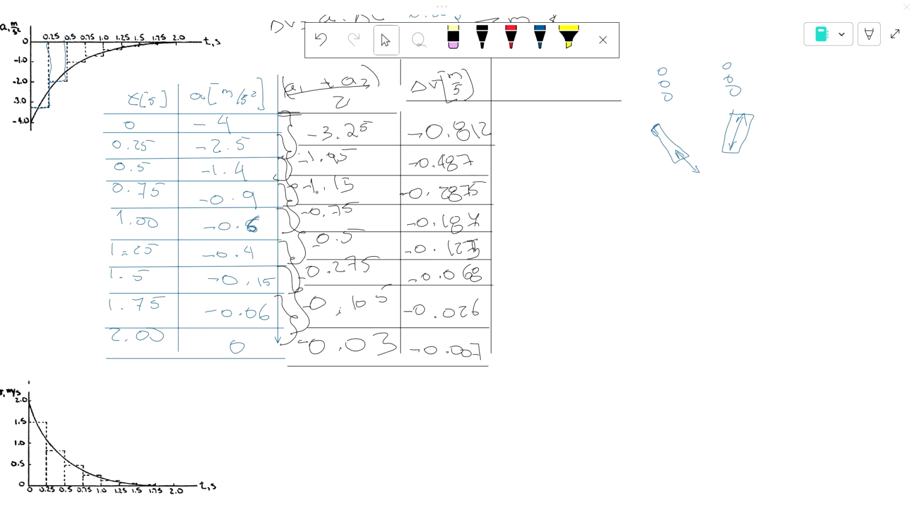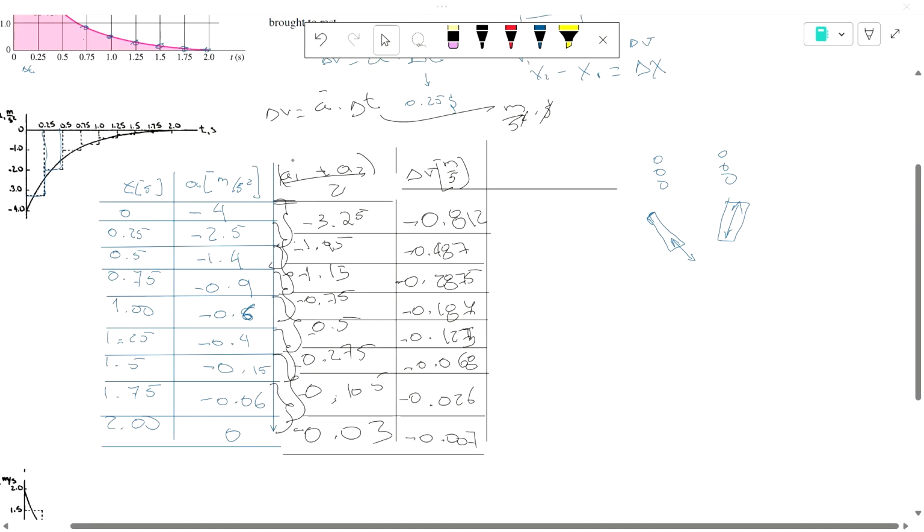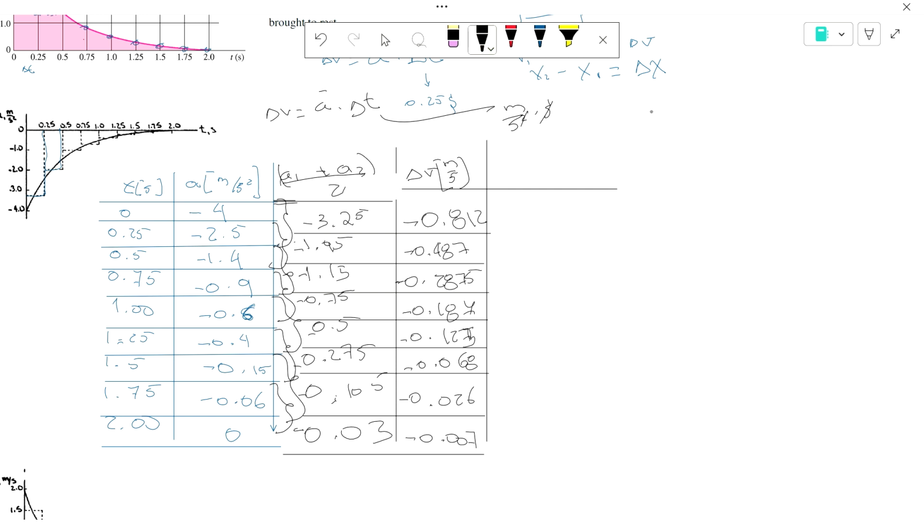All right, for the next step, let me remove this as well. For the next step, we have to go back to our book. And you're going to notice that we know this formula for average velocity. We have v2 minus v1 is equal to the integration from t0 to t1, or t1 to t2, whatever you prefer, of the acceleration with respect to time.